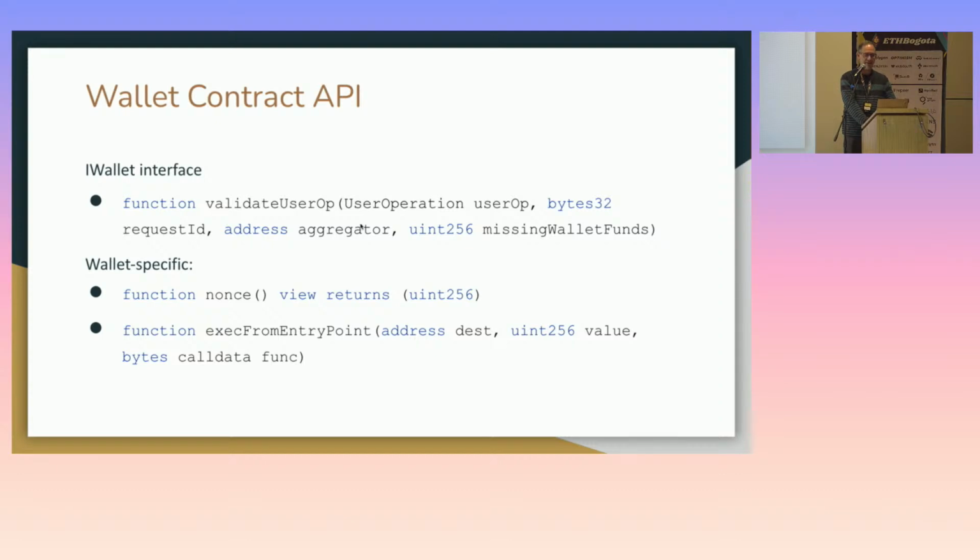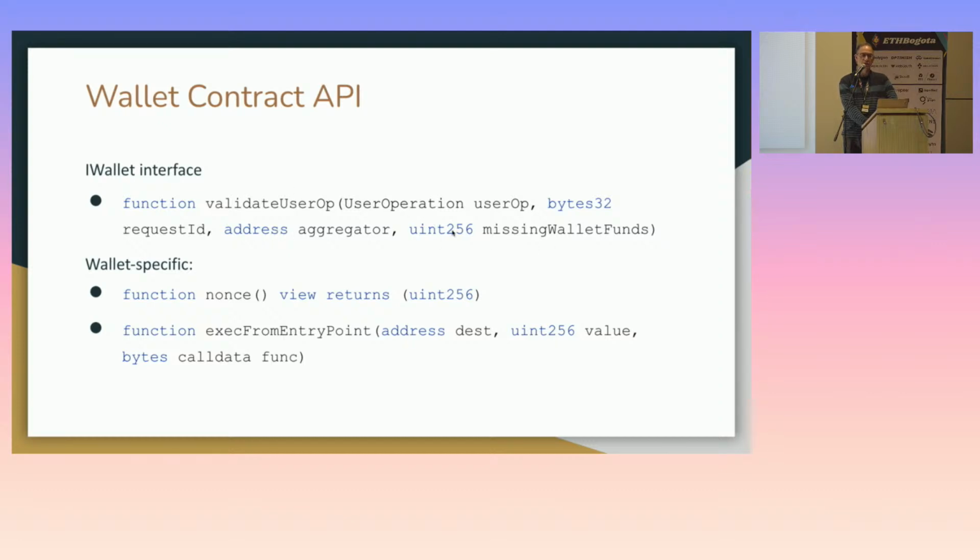An aggregator, not relevant for this talk. It's for a separate talk about signature aggregation, highly relevant for L2s, not relevant at the moment. And missing wallet funds, this is the top-up value the wallet has to pay. If no one else pays and there is no balance that it already has, it has to pay this to the entry point for this transaction to succeed.